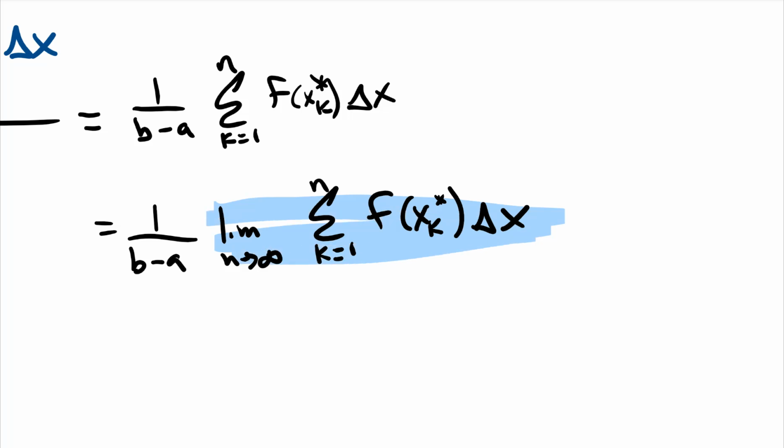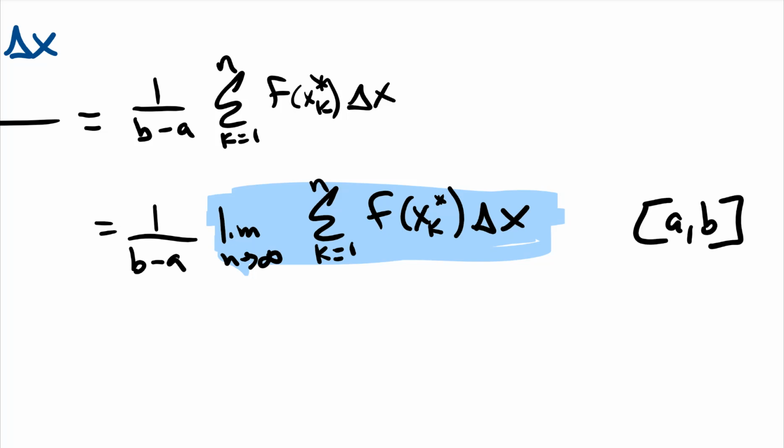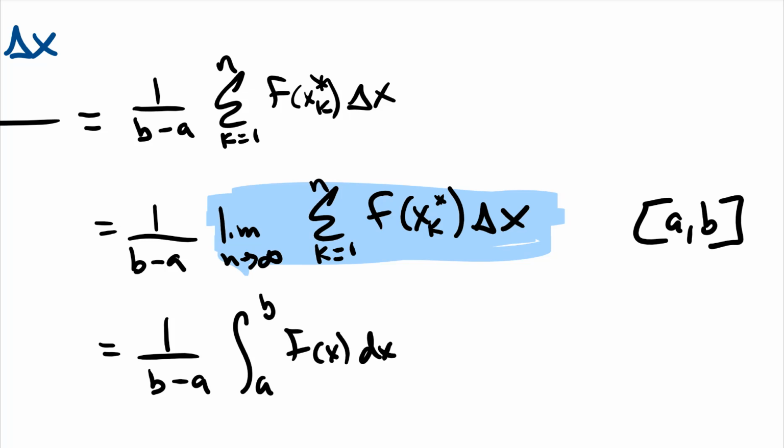That is the integral upon the interval for which we're going for. So this interval is from a to b. Therefore, this is equal to 1 over b minus a times the integral from a to b of f of x dx. And this is equal to our average value of the function.